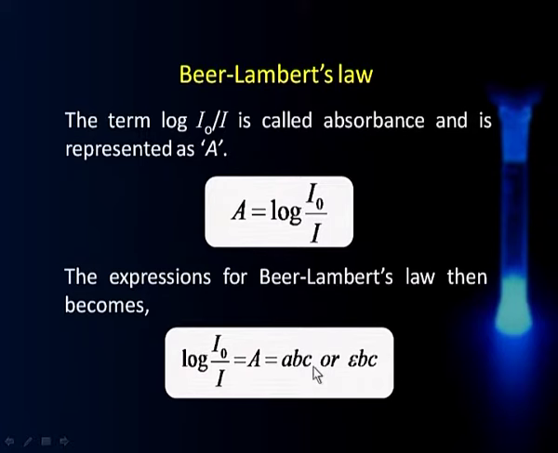ABC when concentration is in gram per decimeter cube, epsilon BC when concentration is in mole per decimeter cube. A is absorptivity and epsilon is the molar absorptivity, and B in both cases happens to be the thickness of the medium in centimeter.